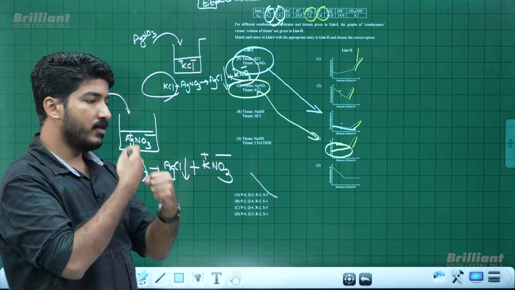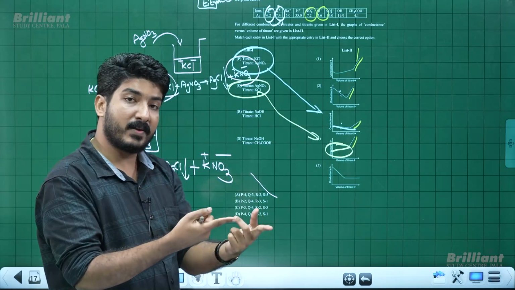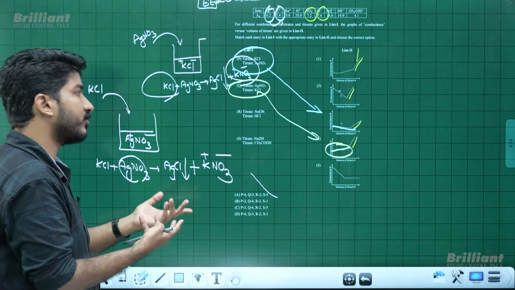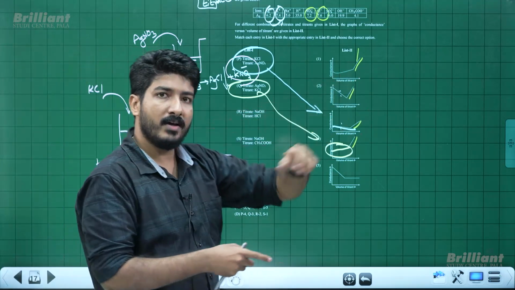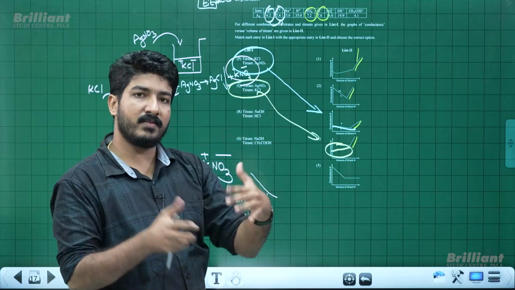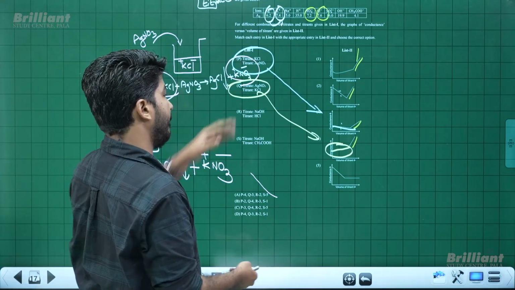As we continue with the experiment, more ions will be present before reaching the equivalence point itself. So due to the increase in number of ions, conductance increases. That is a different case when we have a weak electrolyte in the original solution, so no need for confusion with that graph.